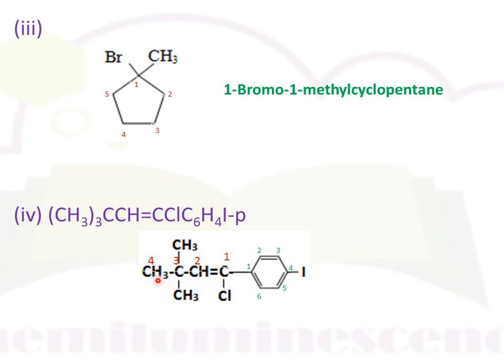Here 4 carbons are present in the parent compound. Its name would be butane, but a double bond is present, hence butene. Now indicate the double bond by the proper locant. The double bond starts at the first carbon, hence but-1-ene. Therefore the name of this compound is 1-chloro-1-(4-iodophenyl)-3,3-dimethylbut-1-ene.